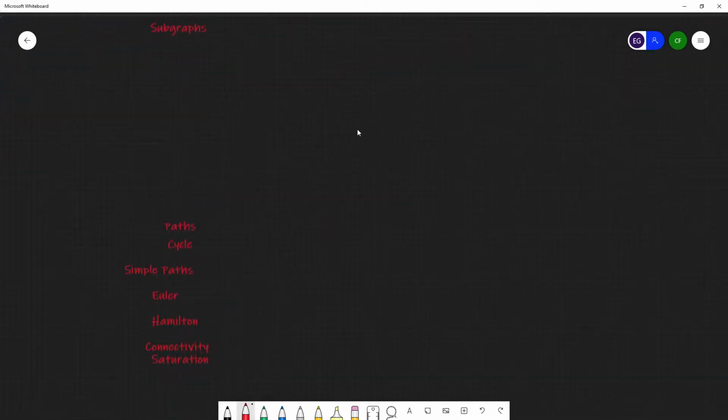Okay, so next we have subgraphs. I think this concept is pretty intuitive, but we'll go over it quickly. Let me change my color back. We have this graph I'm going to draw out here, just going to use an undirected one because it doesn't really matter.